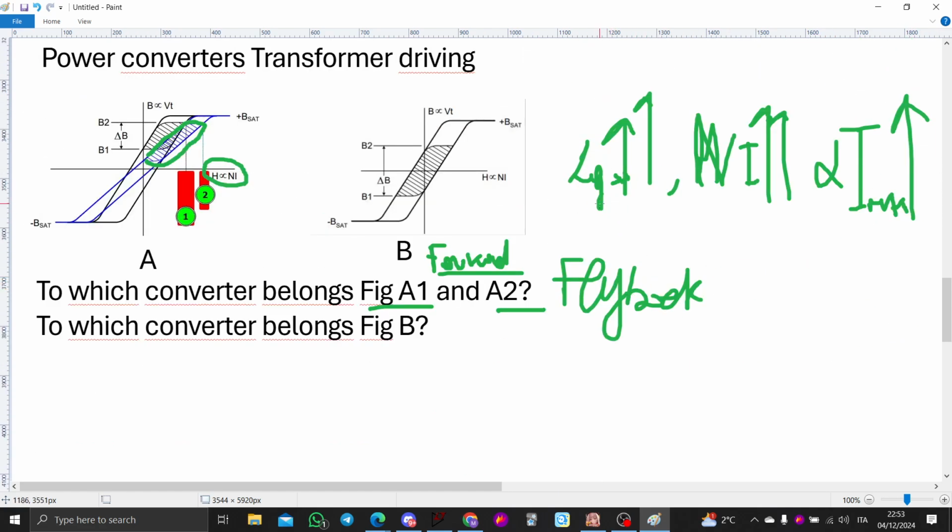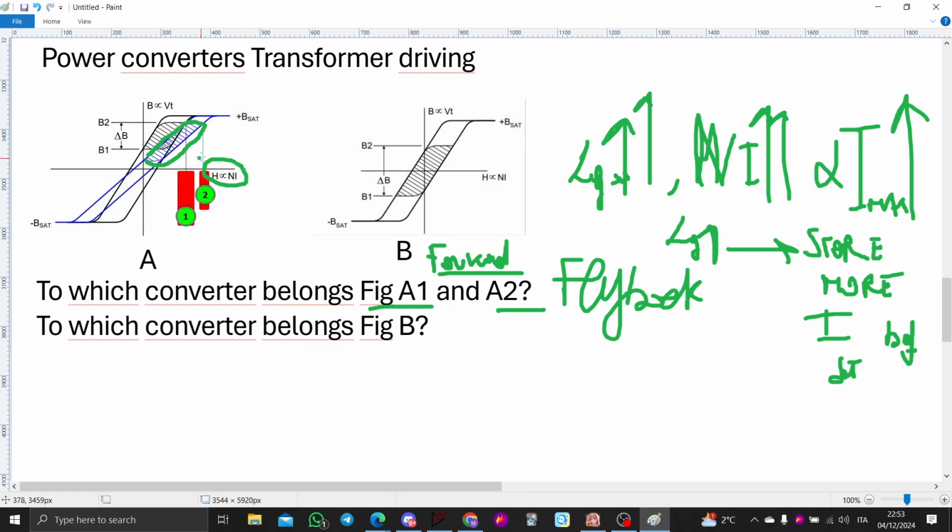So having a higher LG means that you can store more current I before saturation. And since flyback converters operate with the gapped inductor, this is the flyback and the forward.